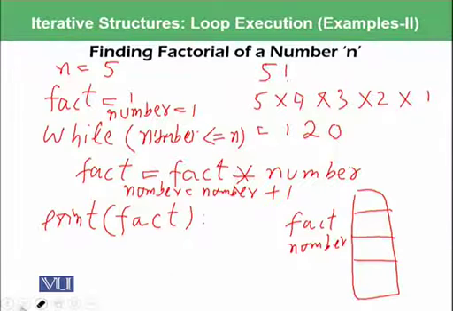So in fact, we will have 120 and number will become 6. And then this condition, 6 is less than or equal to 5, will be false. This will be the end of the loop, and it will come over here to print the fact.